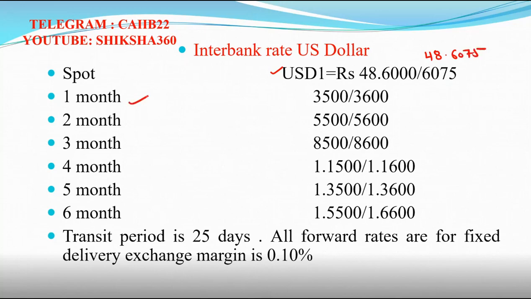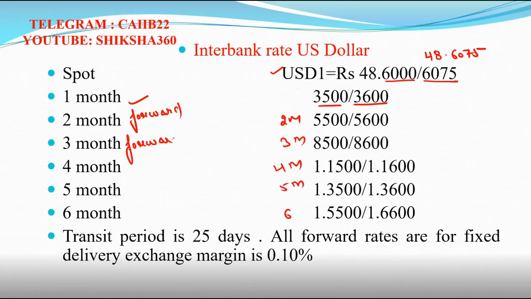Next is 1 month, and they are mentioning only these 4 digits after the decimal. Next is 2 month, 3 month. These are basically forward rates: 1 month, 2 month, 3 month, 4 month, 5 month, and 6 month.